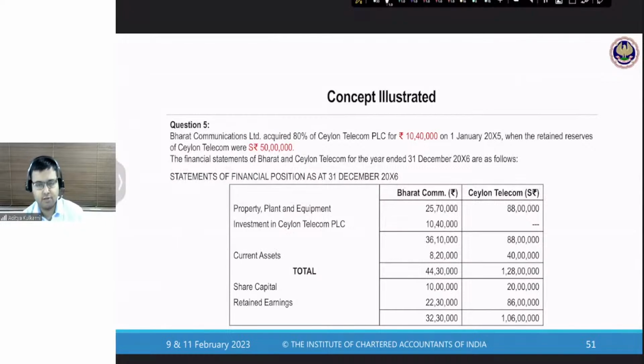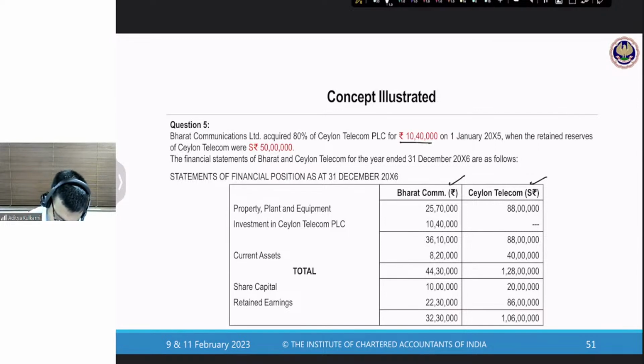Bharat Communications acquired 80% of Ceylon Telecom PLC for 10,40,000 rupees on 1st January 20x5, when the retained reserves of Ceylon Telecom were Sri Lankan rupee 50 lakhs. The financial statements of Bharat and Ceylon for the year ended 31st December are as follows. Statement of financial position, you are given in rupees for Bharat Communications and in Sri Lankan rupee for Ceylon Telecommunications.